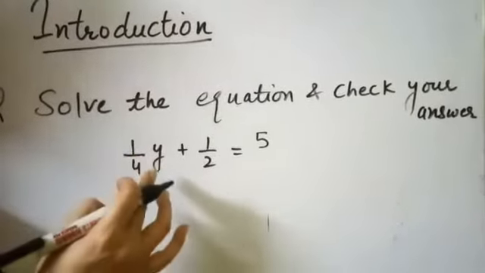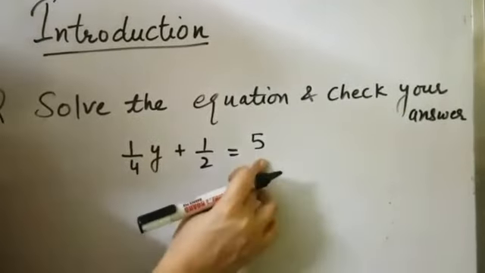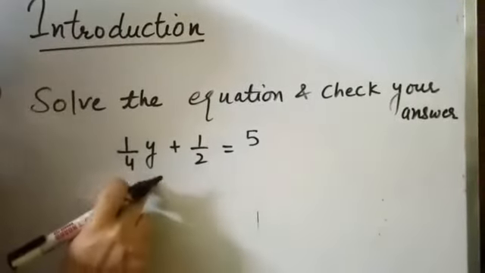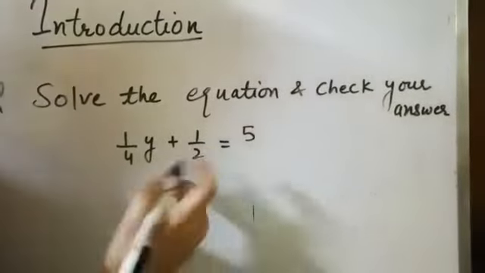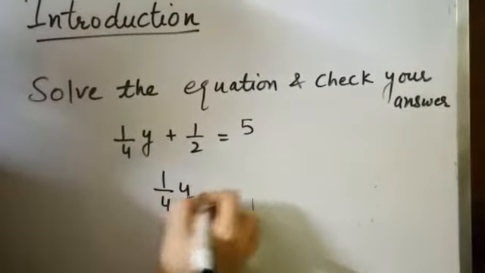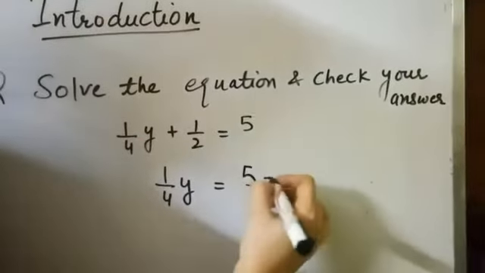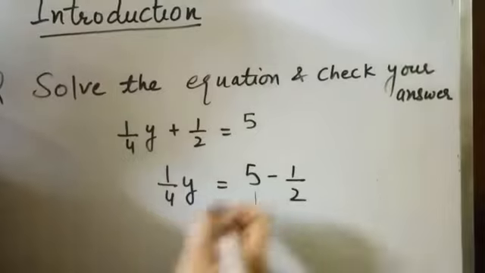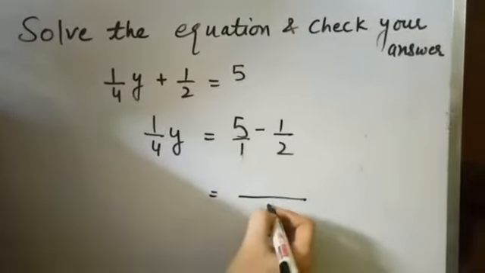Now the next question. The equation we have taken is 1 by 4y plus 1 by 2 is equal to 5. Again we have one variable y in LHS, so we transpose the terms to RHS. 1 by 4y is equal to 5, and this plus 1 by 2 will go for minus 1 by 2 over here. Now this is a simplification of fractions, so we have to take the LCM.